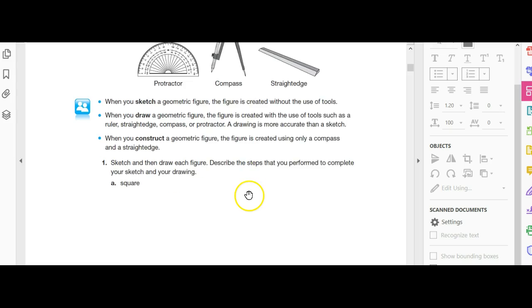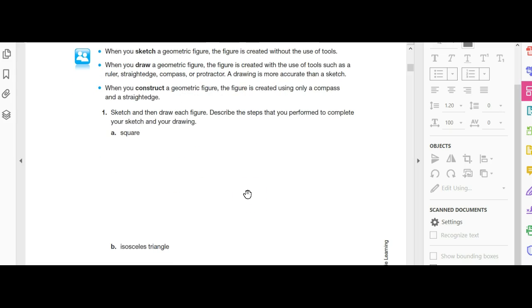So they want us to sketch and then draw each figure, okay? So we're going to try and do that here. What we have to do is we have to use tools to, well, we just don't have to use tools to sketch. Sorry, we can just sketch. I can just kind of draw here. Let's see. A square. I know a square is supposed to have sides that are the same length, and I know it's supposed to have all right angles.